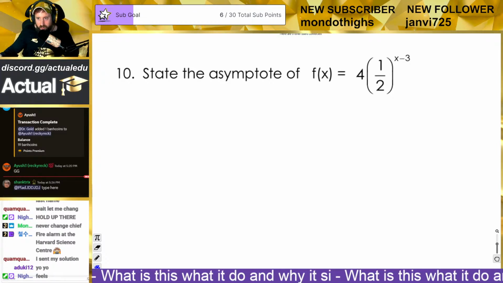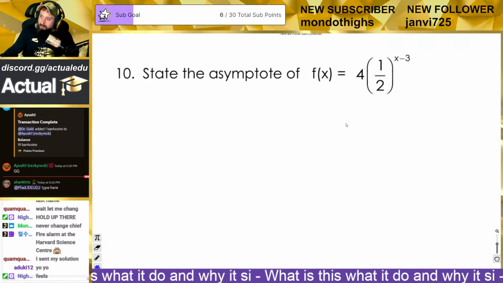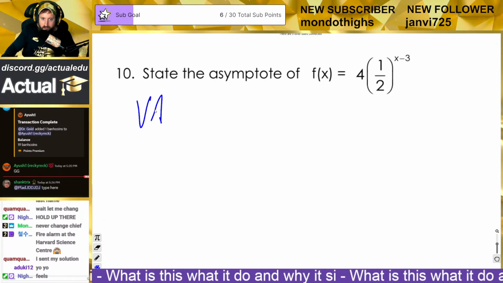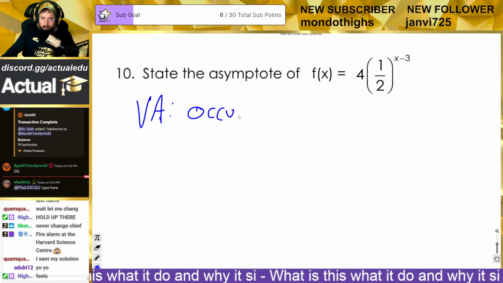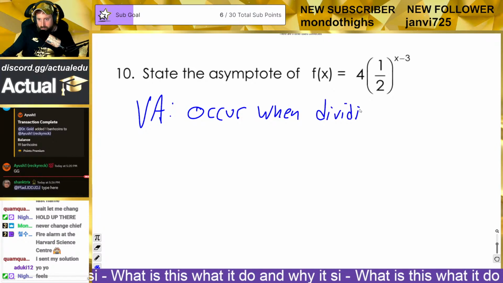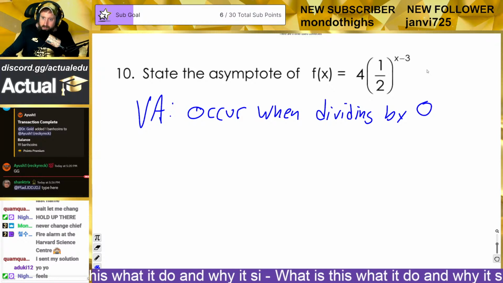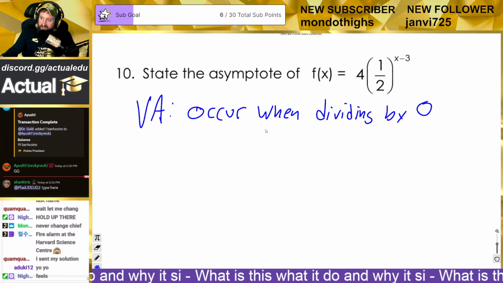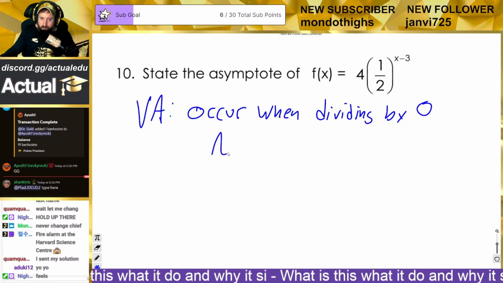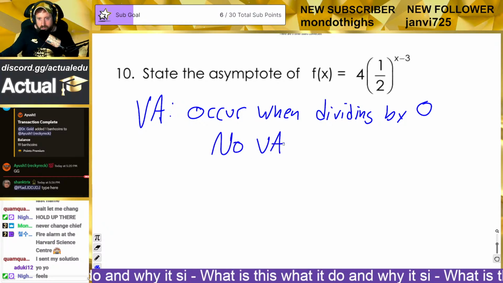All right. State the asymptote of this. Okay. Vertical asymptotes occur when dividing by 0. In this case, you can't really divide by 0. There's nothing here to divide by 0. So we're going to say that there are no vertical asymptotes. Okay.